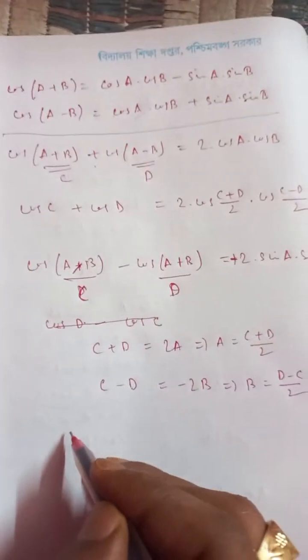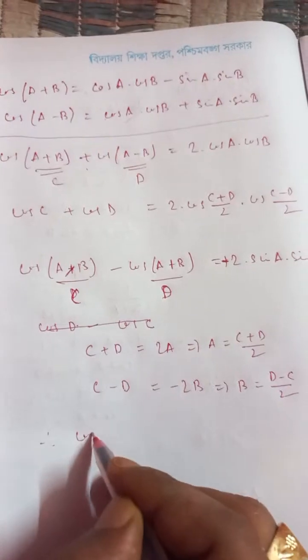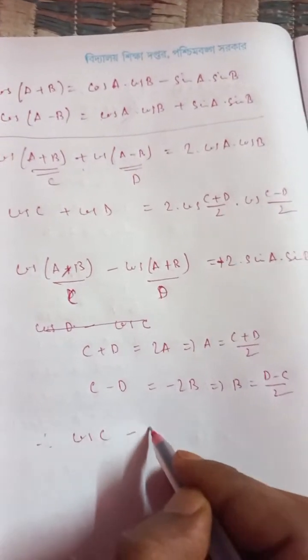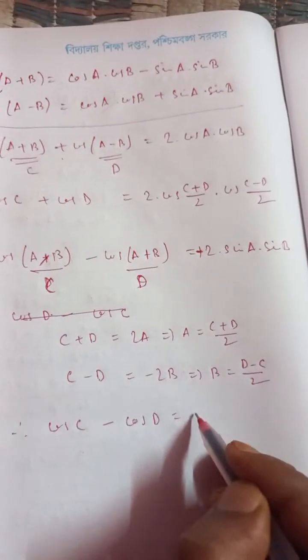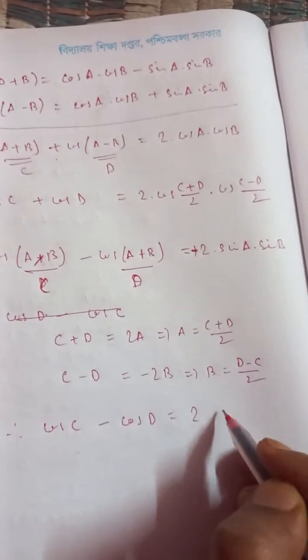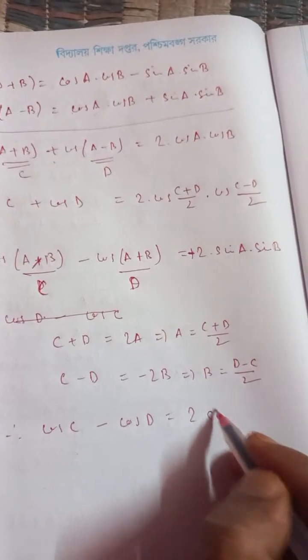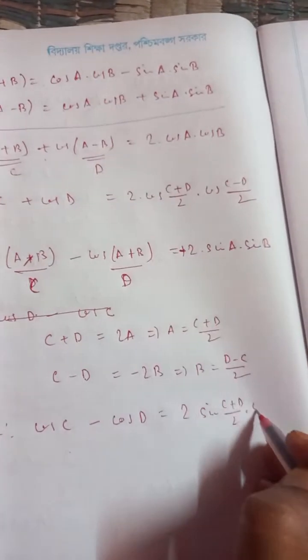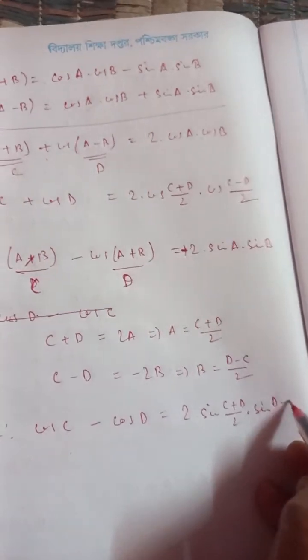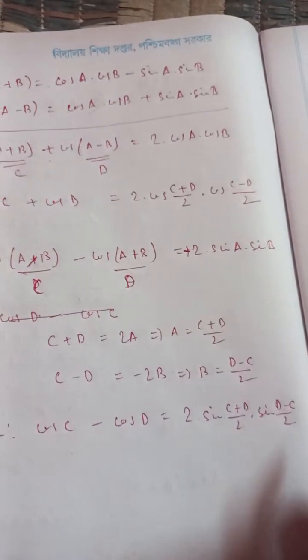So we will have overall cos C minus cos D is equal to 2 into sin (C plus D by 2) into sin (D minus C by 2).